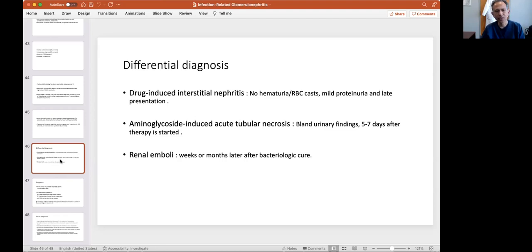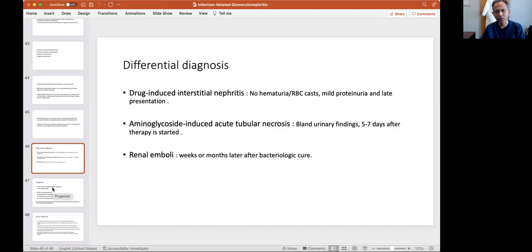So in patients with endocarditis, I think another condition that can also cause renal failure is drug-induced interstitial nephritis. In that case there is less hematuria, it can be hematuria, but you won't see RBC casts, and there is mild proteinuria. When you have aminoglycoside, or more commonly vancomycin-associated acute renal failure, you are less likely to have RBC casts or heavy proteinuria.